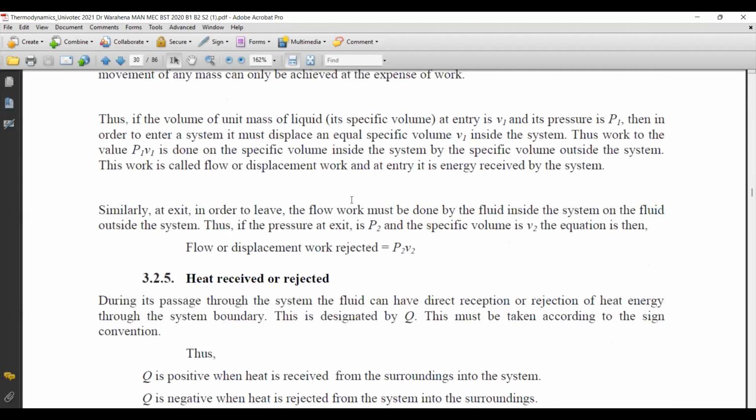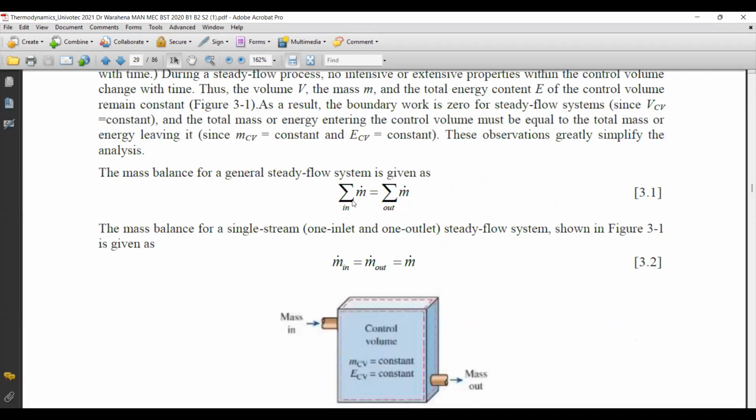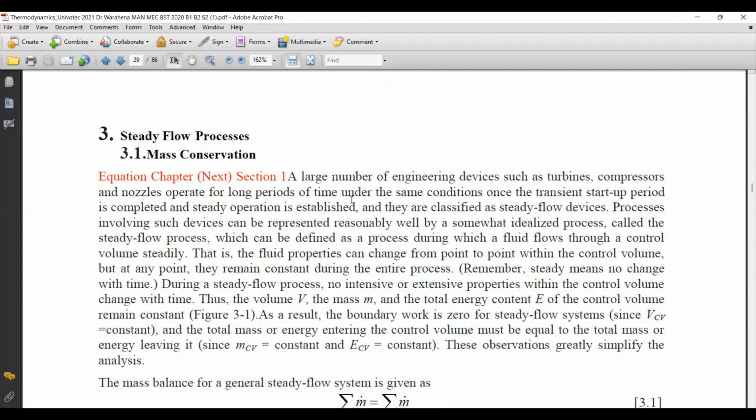Okay. That is very important. So you look into this, because our learning always has connectivity with the notes as well.